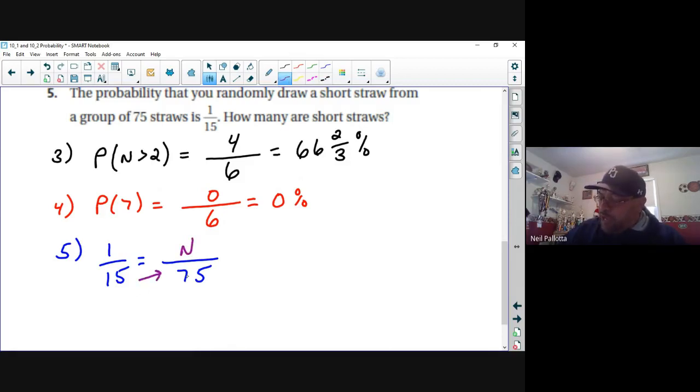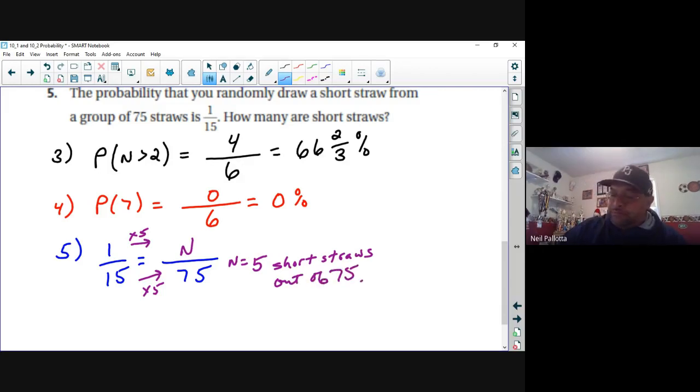You could cross multiply or divide, or you could see that 15 times 5 is 75. So if we're using equivalent ratios, n would have to be equal to 5. So there should be 5 short straws, right, out of 75.